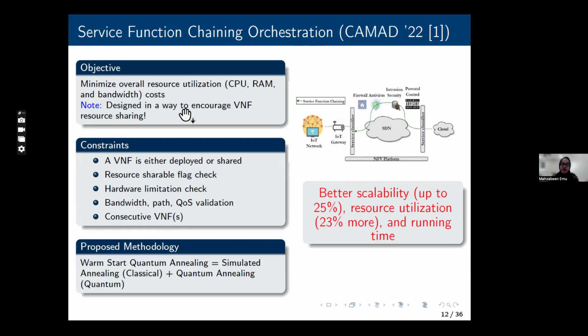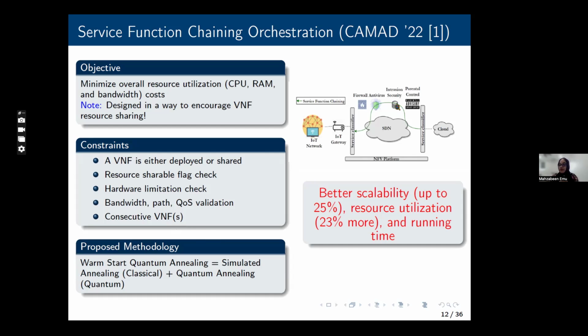And the objective function has been to minimize the overall resource utilization. By resource, I mean CPU, RAM, and bandwidth costs. And like any other objective function, it has a couple of constraints. For example, capacity constraint, hardware limitation check, and even path validation, those kinds of things.